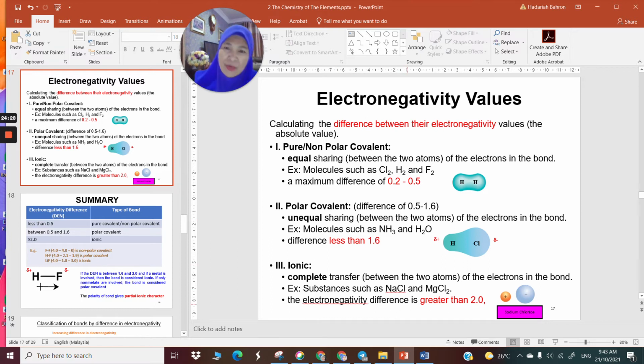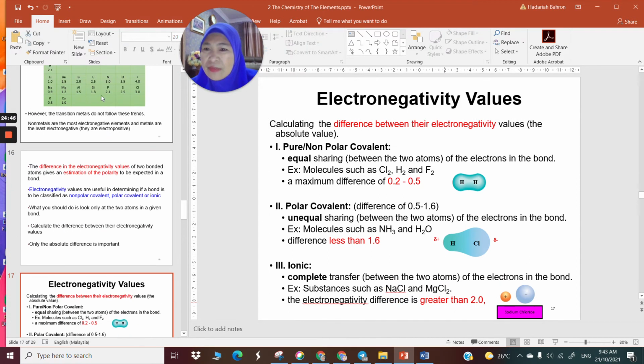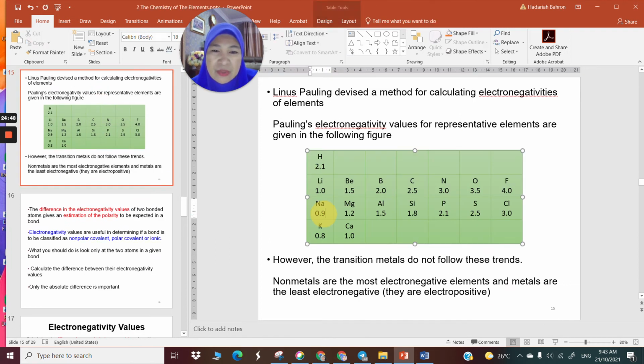But when you have a difference of greater than 2, then there is a complete transfer between the two atoms, for example sodium and chloride, magnesium and chloride. Let's have a look at the difference for sodium. Sodium is 0.9, chlorine is 3. 3 minus 0.9, you have 2.1.